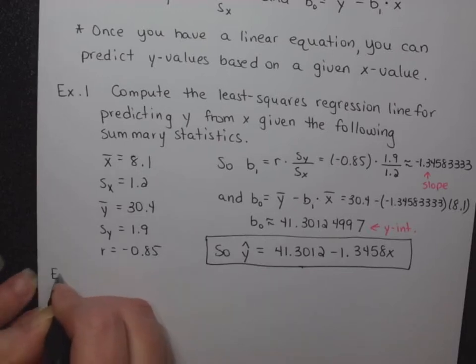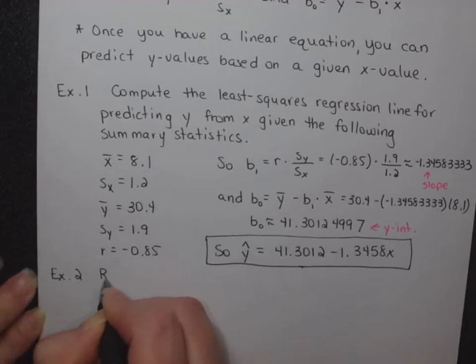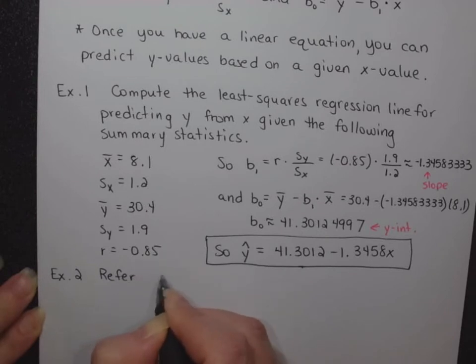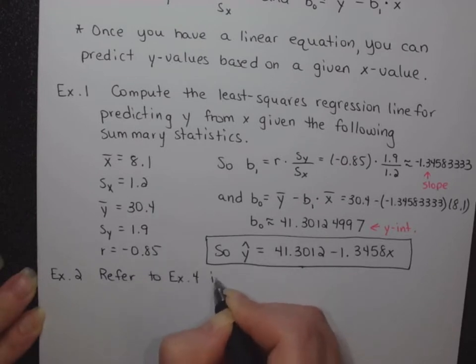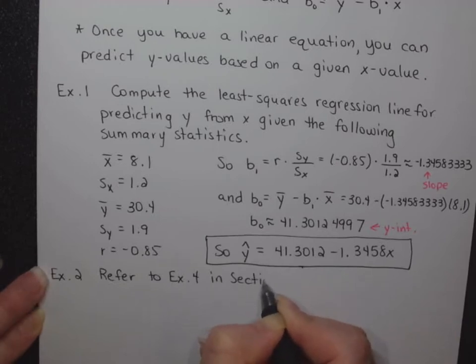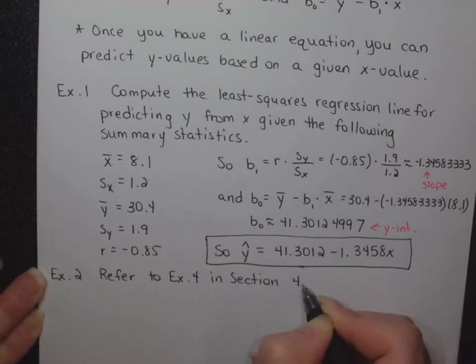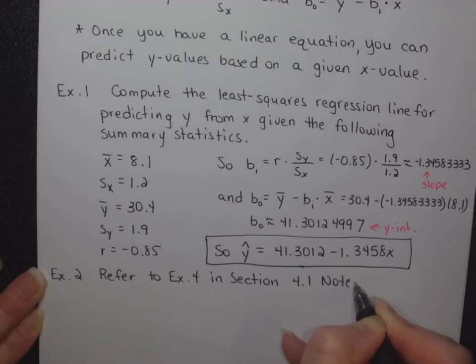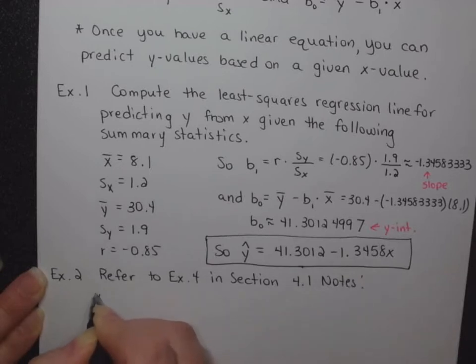Okay, so let's go ahead and pull back in the example we did from 4.1. So refer to example 4 in section 4.1 notes. You don't have to flip back there if you don't want to, but these are the values that we got.